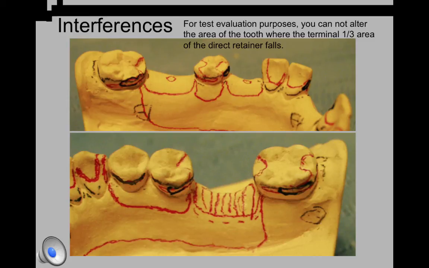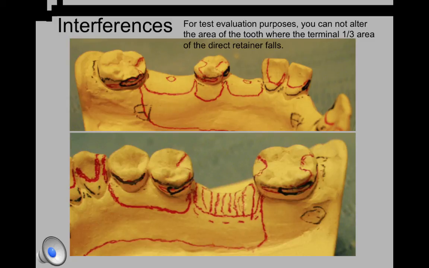That's also true on tooth number 31. The same thing, when you started that direct retainer, a lot of it is under the survey line, and you have to indicate that anywhere on the cast when you have that situation.